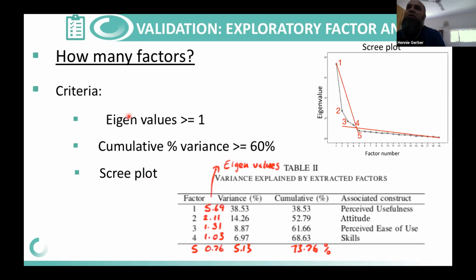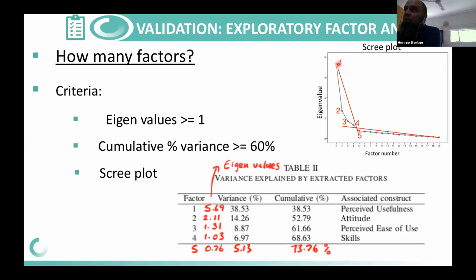So the first criterion is eigenvalues must be greater than 1. The cumulative percentage of variance must be more than 60%, and you look at the scree plot. The eigenvalues are here, in red. If it's above 1, it indicates the factor can be used. If you look at this, there are 4 factors with eigenvalues more than 1, and the cumulative percentage of variance is 68%, which is more than 60%.